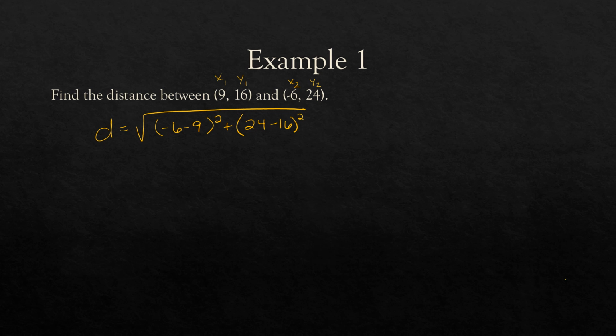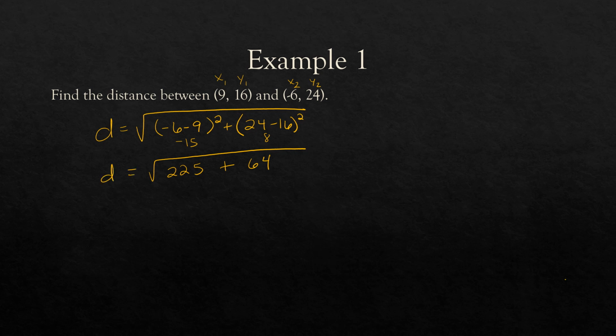So negative 6 minus 9 is going to be negative 15. 15 squared is 225. And that is all inside the square root. 24 minus 16 is 8, and 8 squared is 64.